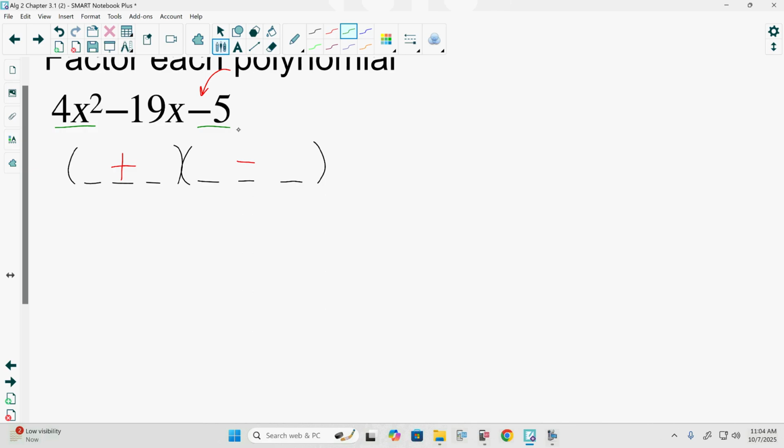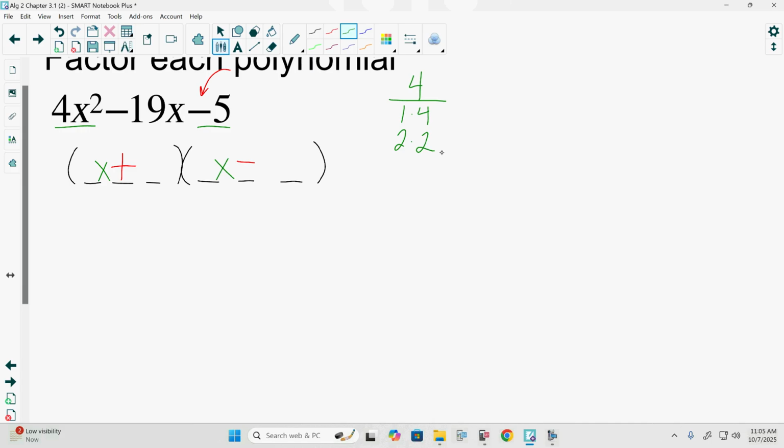Now, it doesn't matter which one we put as positive, which one's negative. We just need to put one sign as positive, one sign as negative. I normally just default to plus, minus, as we have written here. Then we just move on to our next step, finding the factors of the first and third term. So 4x squared, well, I know for sure x squared is going to be x and x. Now, the factors of 4 are 1 and 4 or 2 and 2.